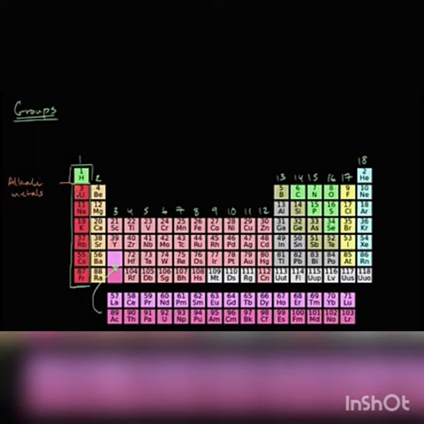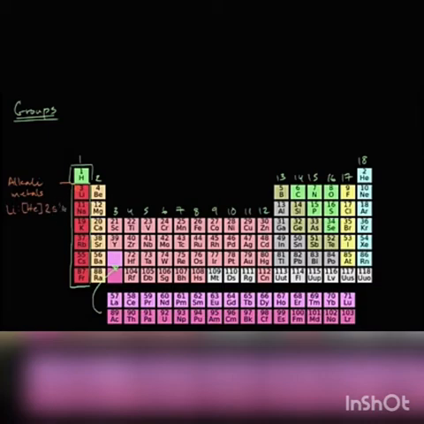Now, why do all of these have very similar reactions? Why do they have very similar properties? Well, to think about that, you just have to think about their electron configurations. So, for example, the electron configuration for lithium is going to be the same as the electron configuration of helium. And then you're going to go to your second shell, 2s1.